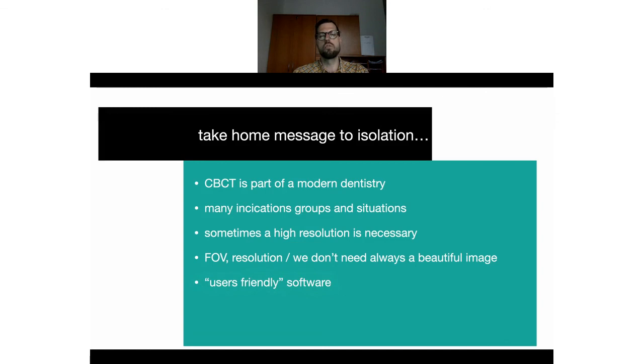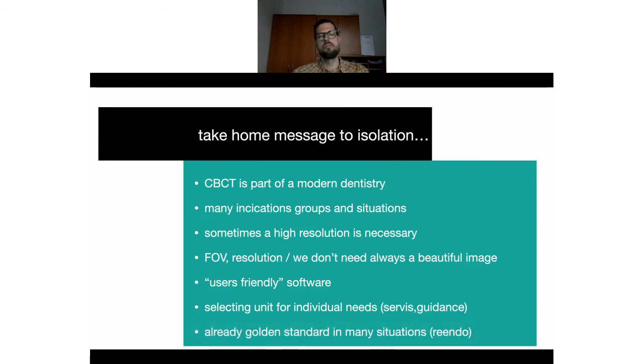Use user-friendly software, because otherwise you will have a good CBCT, but you cannot work with the software. So choose one that is really user-friendly. Select a unit that is individual for you, for example, with the field of view that you need, and always look also for the service, and that somebody is guiding you through the unit.